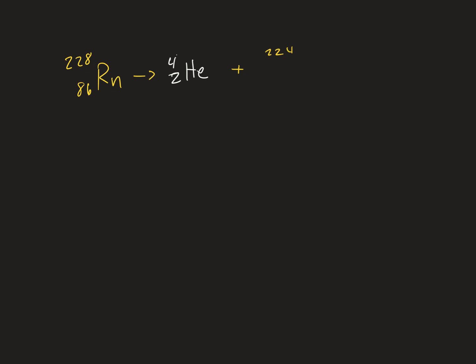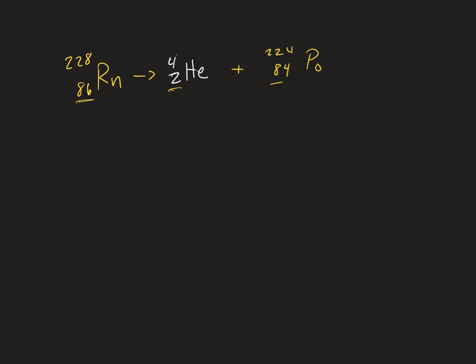Okay? We start with 86 protons. We lose 2 protons, so we're left with 84 protons, making it polonium. Do you understand why it's polonium? Because number 84 on the periodic table is polonium. Good? That's it.